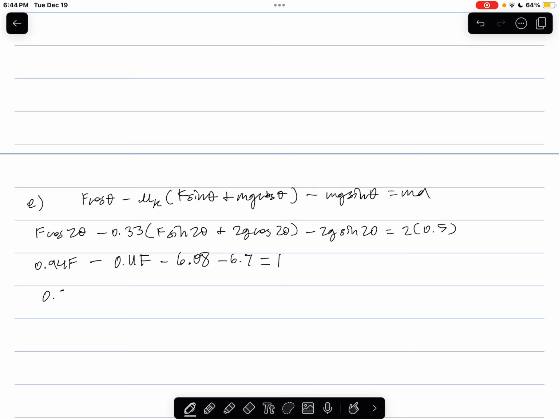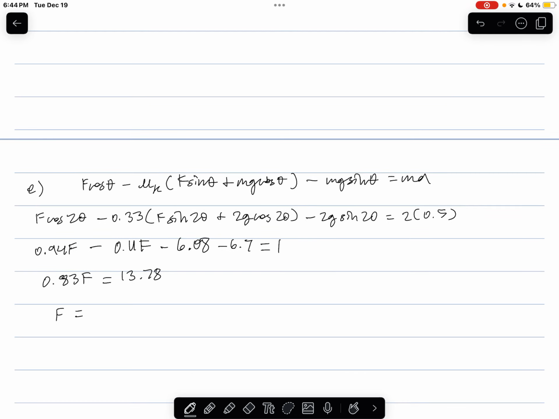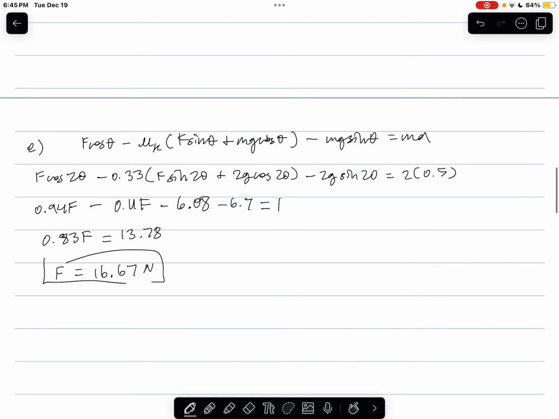Then you add like terms, so it's 0.83 F equals 13.78, and F should be around 6.67 Newtons.